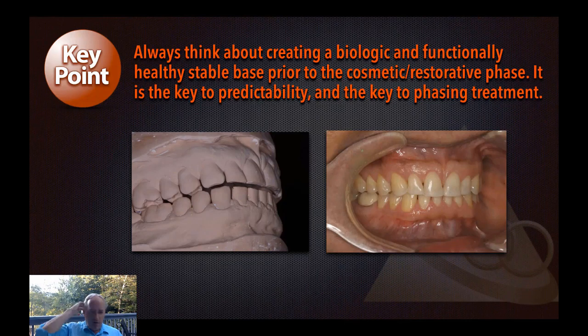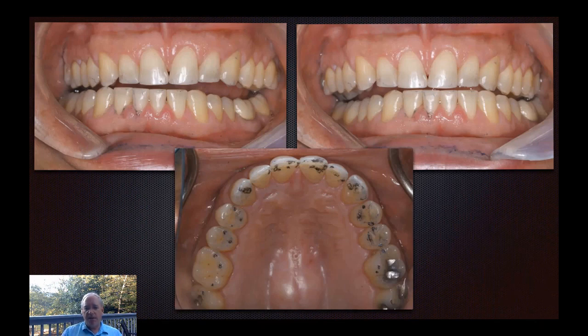So as we look at him, what we've been able to do is create a biologic and functionally stable base prior to the cosmetic restorative phase, which is where we start to do the glass. And this gives us a period of time to make sure that things are going to work out for him.